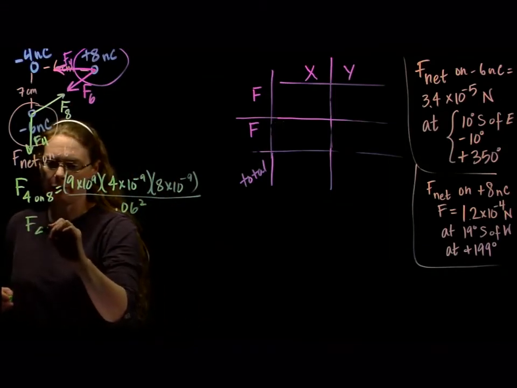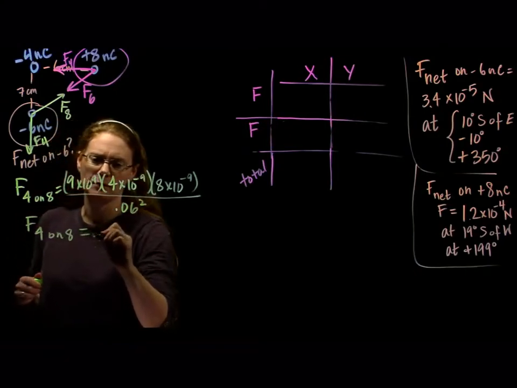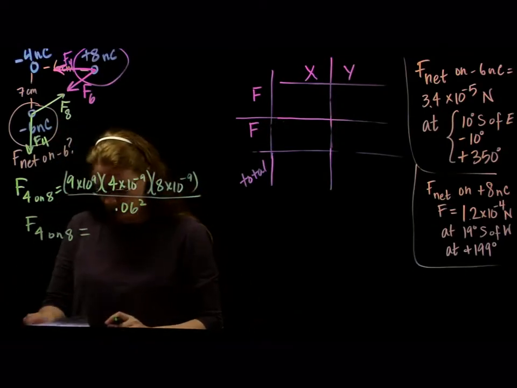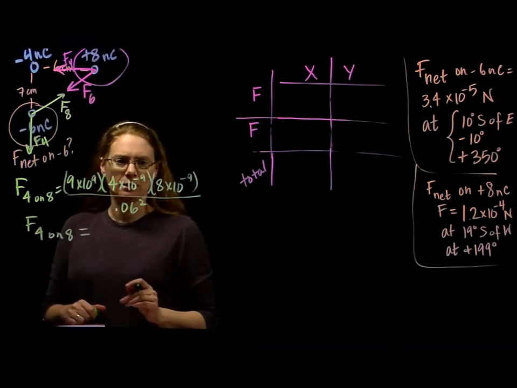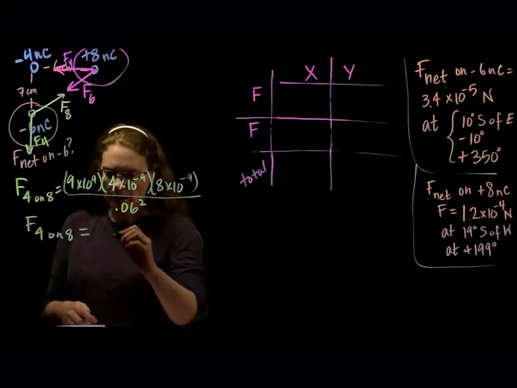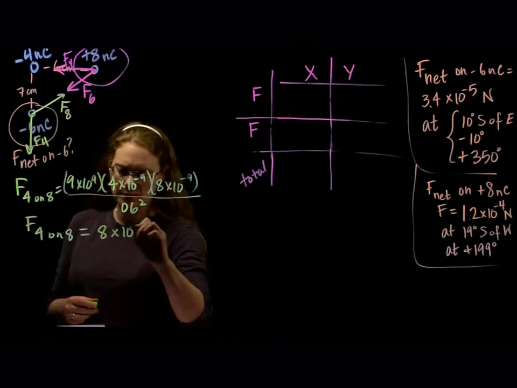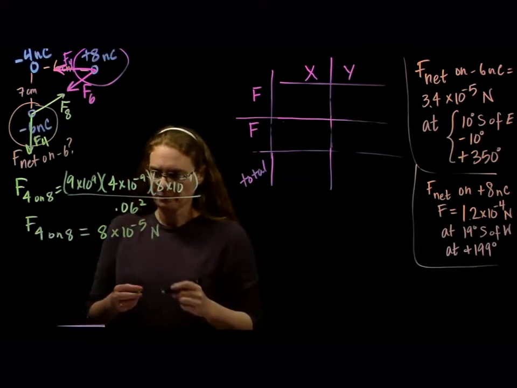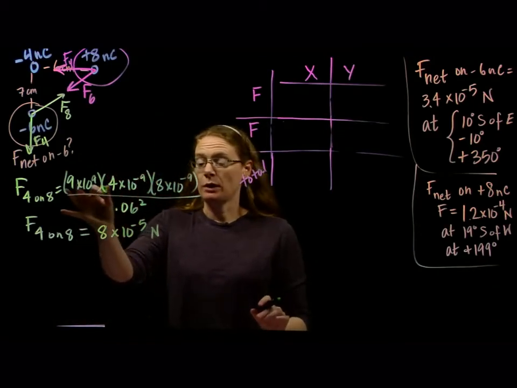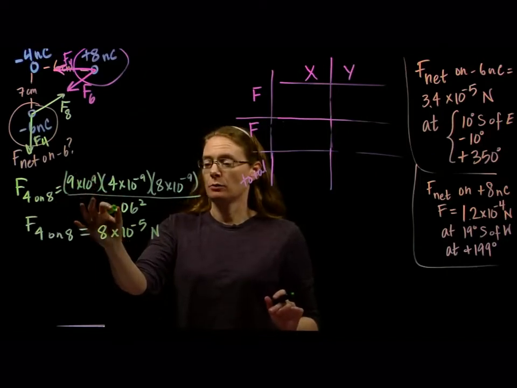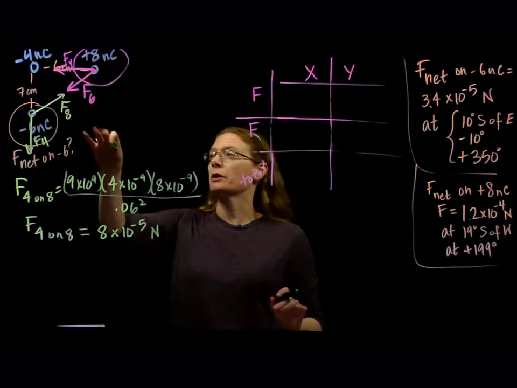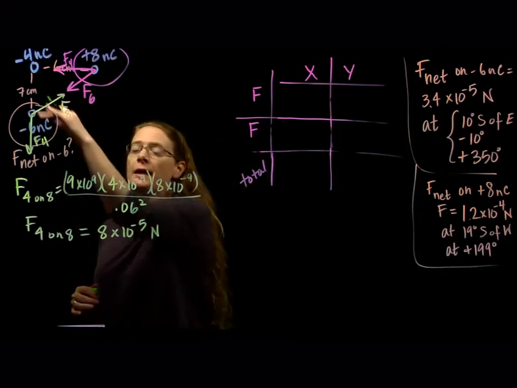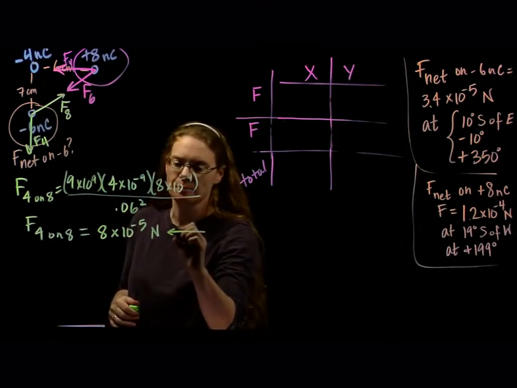So force of 4 on 8, when you do that math, well, that worked out really easy. It came out to be exactly 8 times 10 to the -5 newtons. And remember, this only gives us the magnitude. We have to look at our picture to figure out the direction. So this is the force of the 4 on the 8. It's pulling me straight to the left.